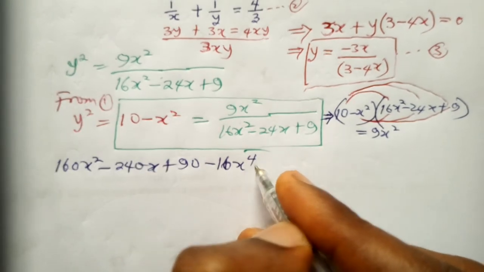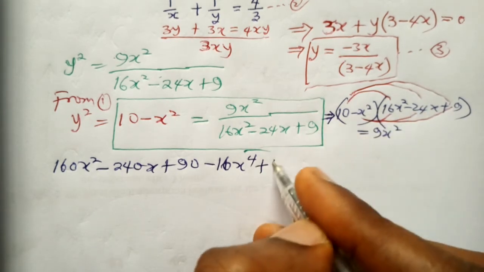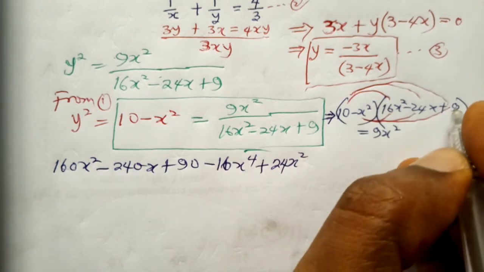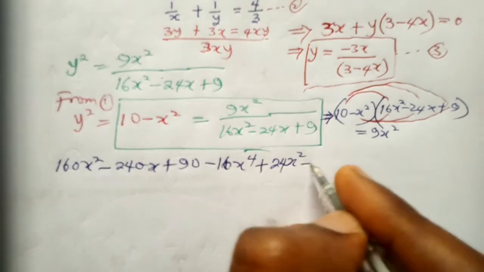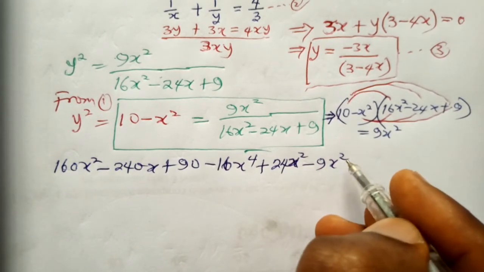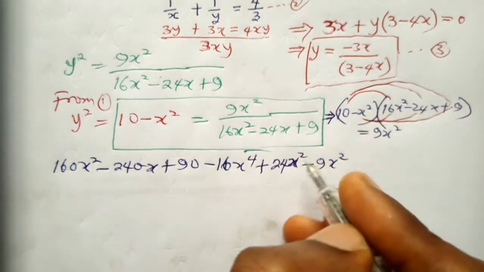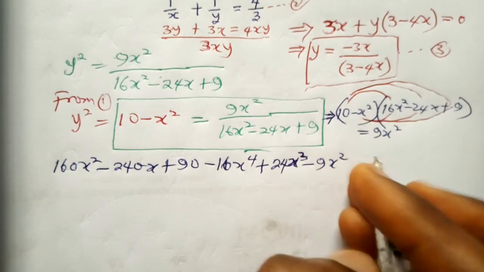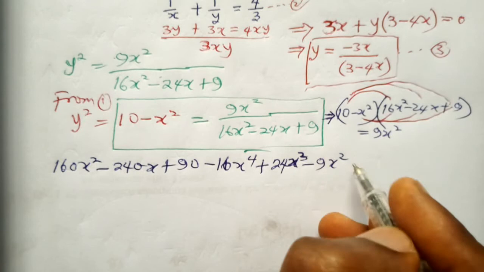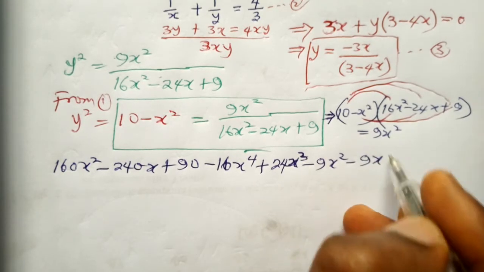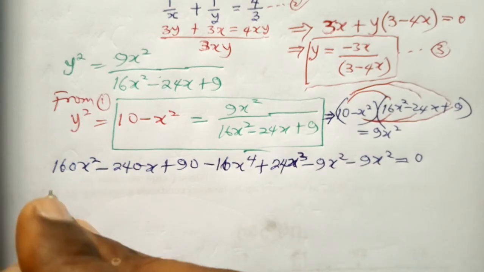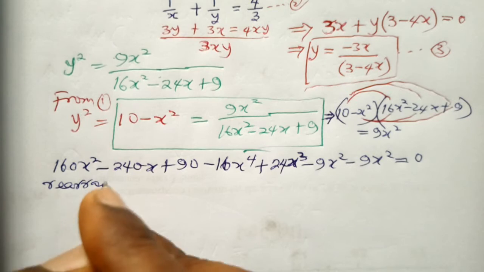The next one is plus 24x cubed, minus 9x squared. This one is 24x cubed, 9x squared. So if this one comes over to this side of the equation, it will be minus 9x squared is equal to 0.